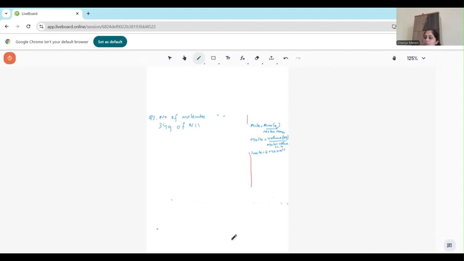All right, I've written down the question over here. So, nitrogen is 14, hydrogen is 1. Here the mass is given to you.